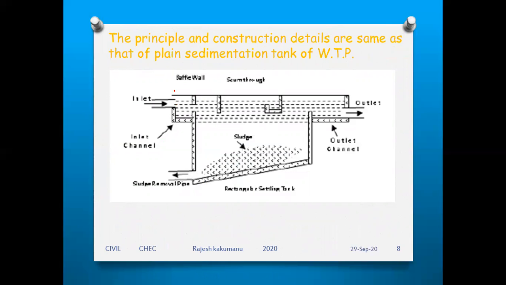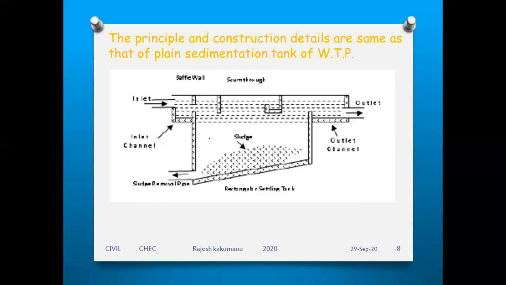Later we have various baffle walls and gates where the scum settles at the top layer and the sludge settles at the bottom layer. Then the wastewater is flowing in this tank and going to the outlet, going to the secondary treatment as a primary effluent. And the balance sludge material is going into the sludge disposal management system.